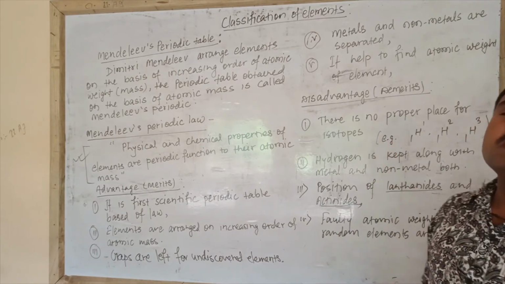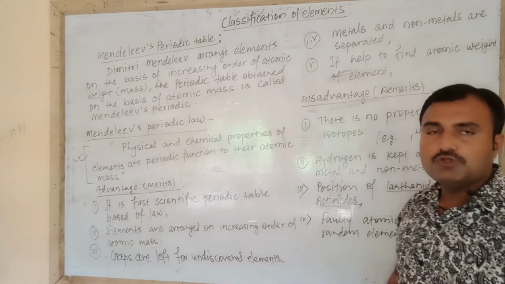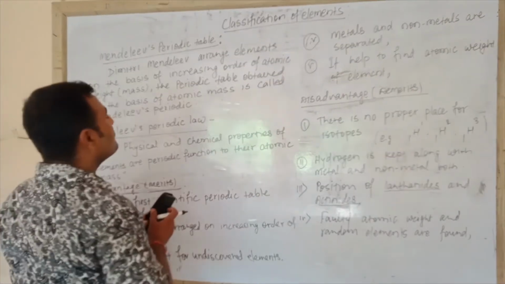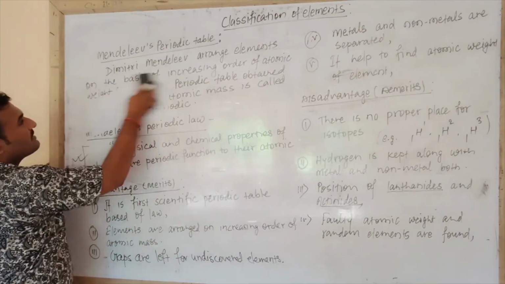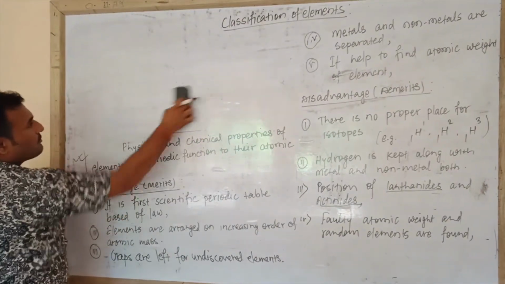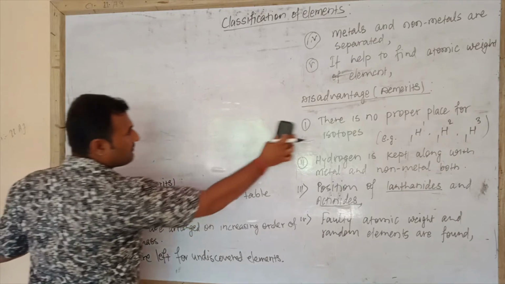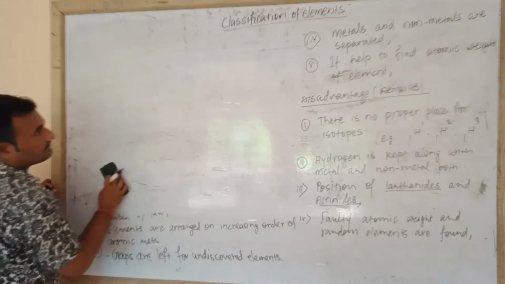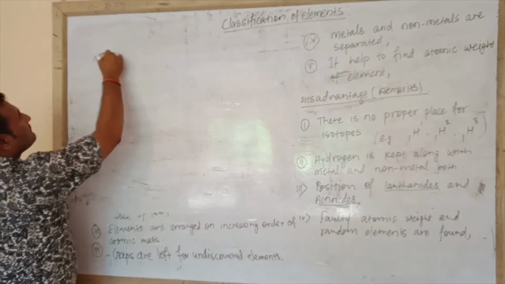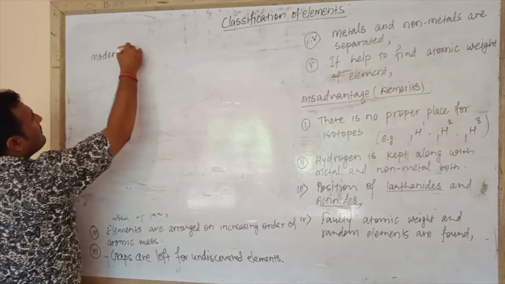To remove these disadvantages, a new periodic table was prepared by Henry Moseley, which is known as the modern periodic table. In short, we discuss the modern periodic table.